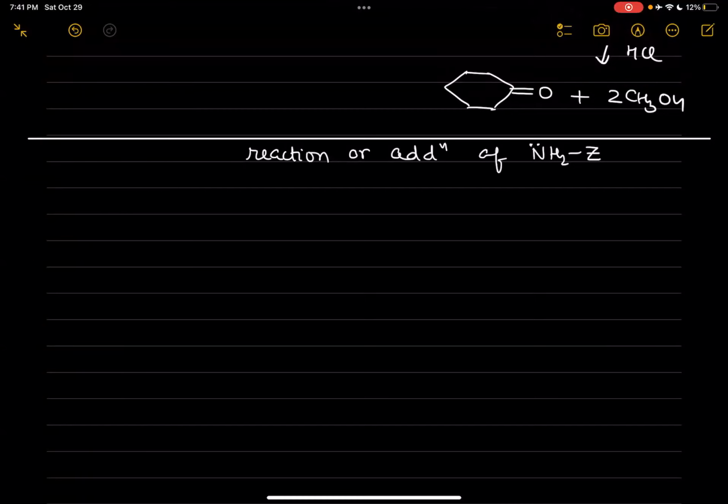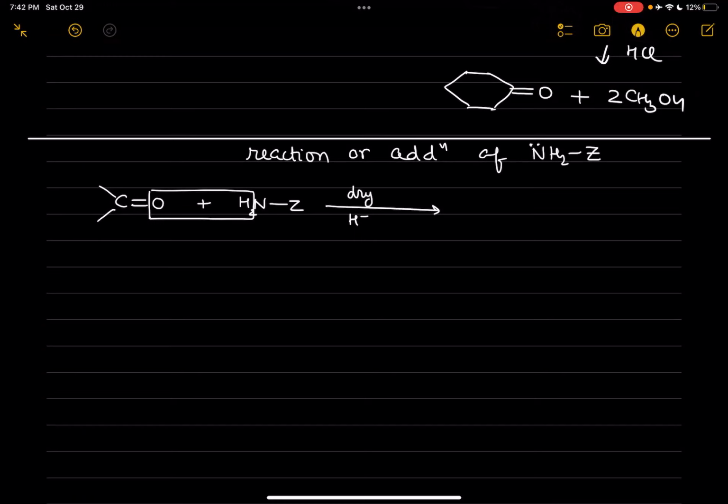So the reaction is very simple to do. Just remove water and form a double bond.